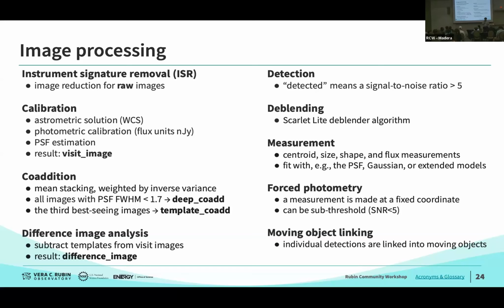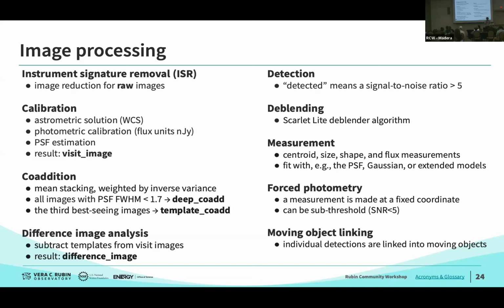After we do these sets of calibrations, we do a coaddition process in which we take the individual visit images and do a mean stacking weighted by inverse variance. There is a quality cut on the PSF full width at half maximum of 1.7 arcseconds, and that gives us a deep coadd image. And then in order to do transient science, we also produce a template coadd image, which takes the third best seeing images.